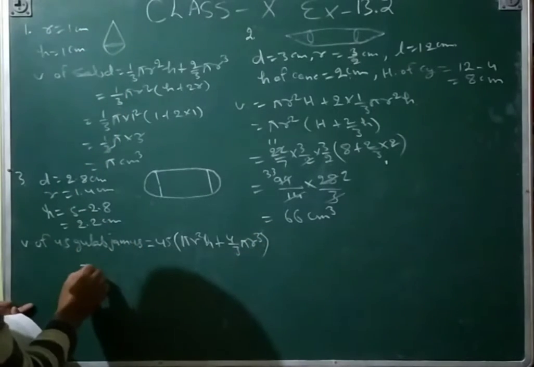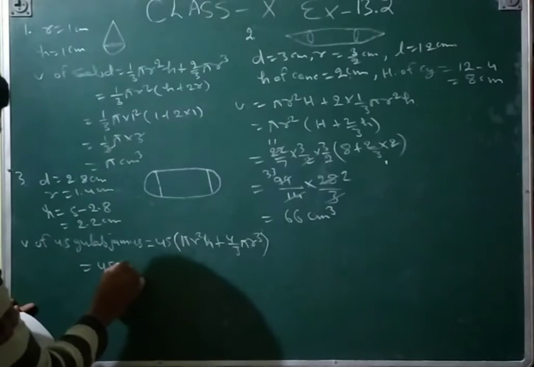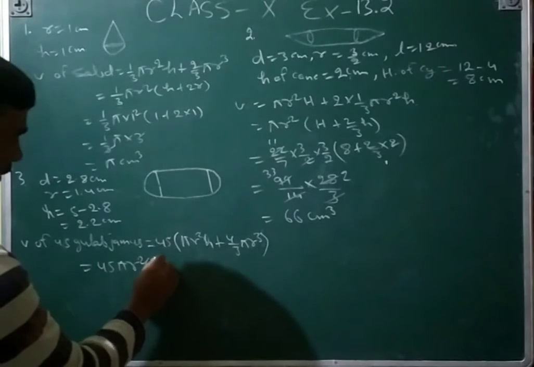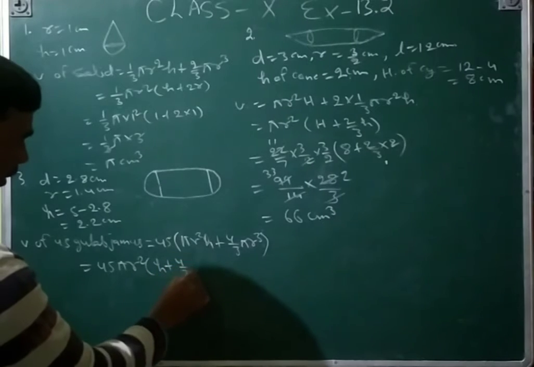Now pi r square is common, so 45 pi r square is common, and what is left is h plus 4 upon 3 r.